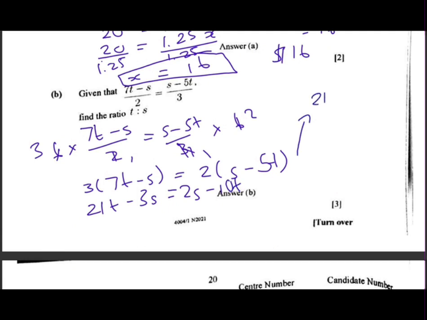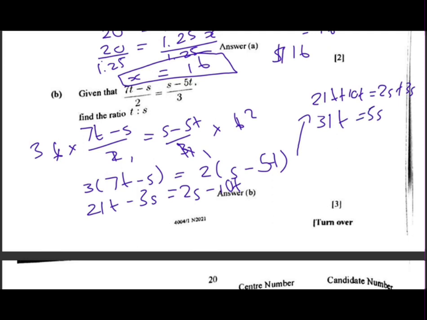Then we bring all terms with t on one side, all the other terms with s on the other side. 21t plus 10t is equal to 2s plus 3s, which gives 31t is equal to 5s. What you can do here, you can either divide by t on both sides, or you can divide by s on both sides.